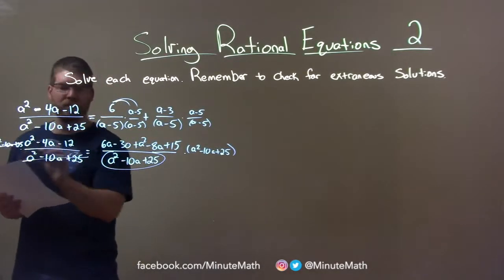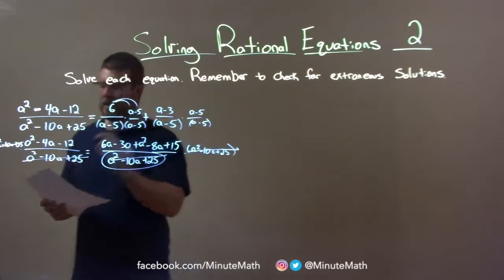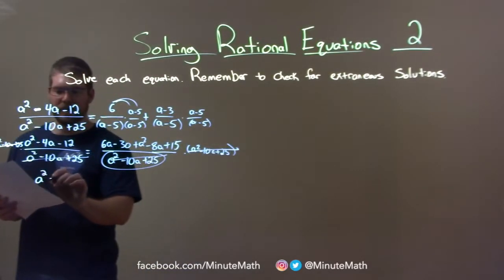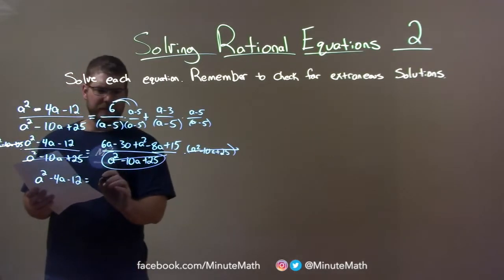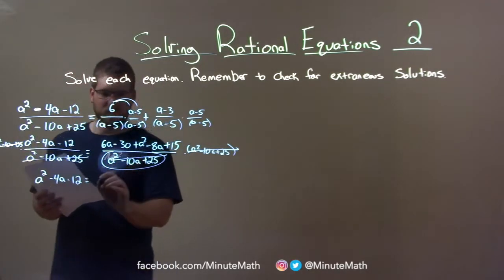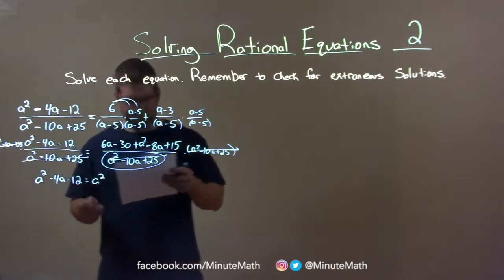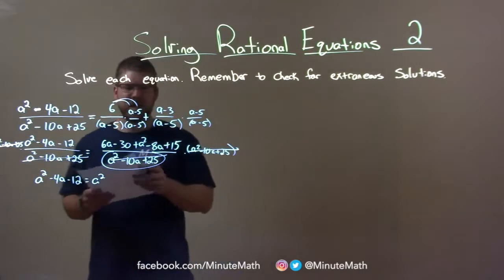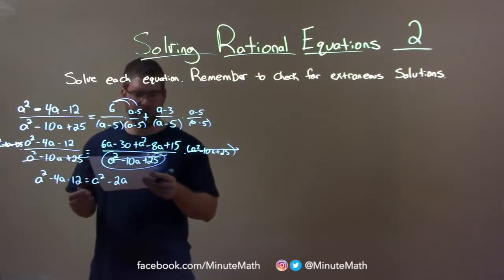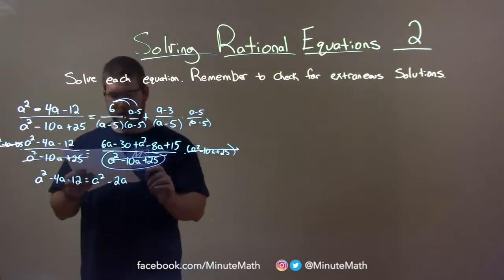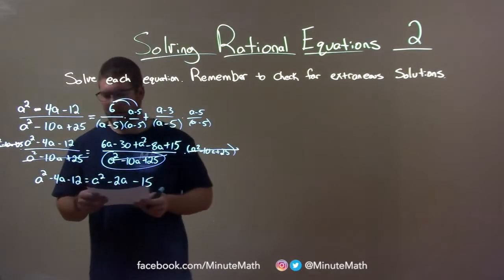It's going to cancel because they're the same, and now I'm left with just a squared minus 4a minus 12 is equal to, let's combine our like terms, only one a squared here, okay? 6a and negative 8a is a minus 2a, and minus 30 plus 15 is a minus 15.